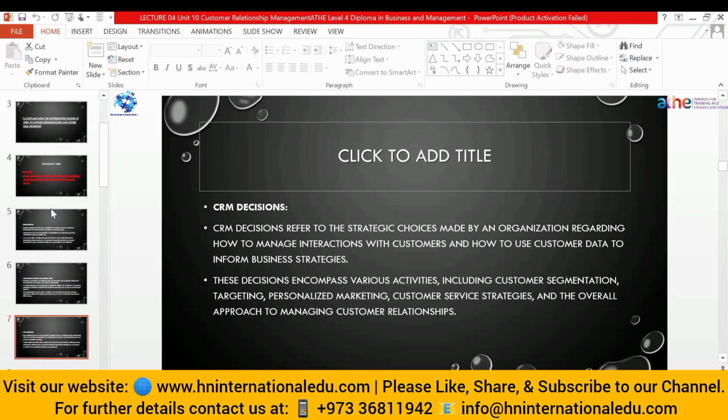They are important to achieve the objectives of the organization, plus the strategic decisions. These decisions encompass various activities like consumer segmentation, targeting, personalized marketing, consumer service strategies, and the overall approach to managing consumer relationships. So these are the points on which we will have a detailed discussion from the perspective of CRM decisions. Still clear?